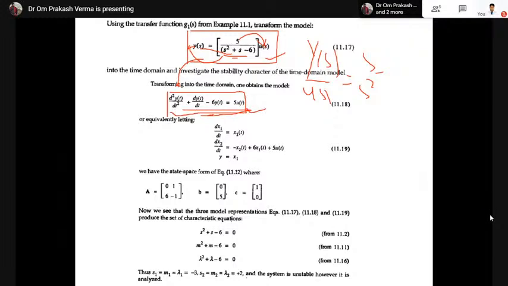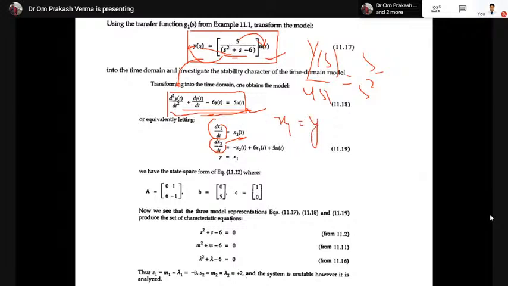Now for the state space equation, as you know, dx1/dt is taken as x2, and dx2/dt is the derivative of this one. Here we have x1 equal to y.